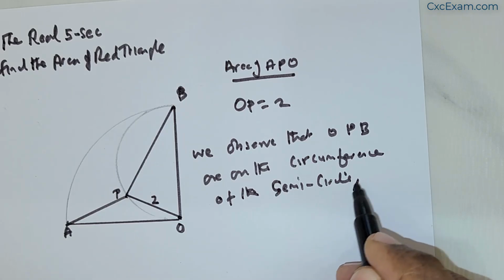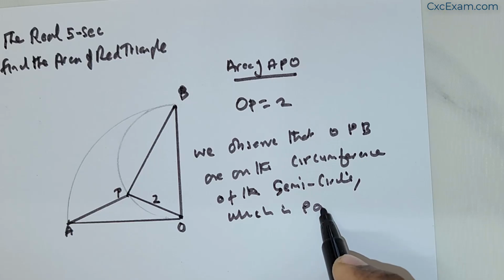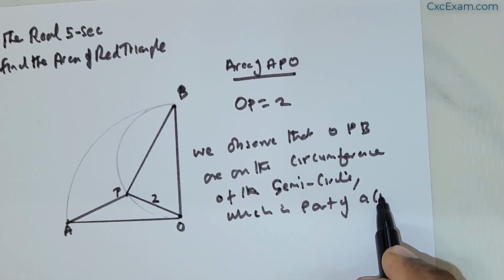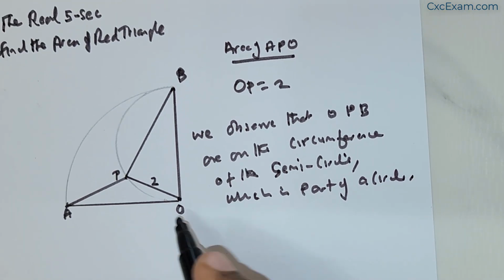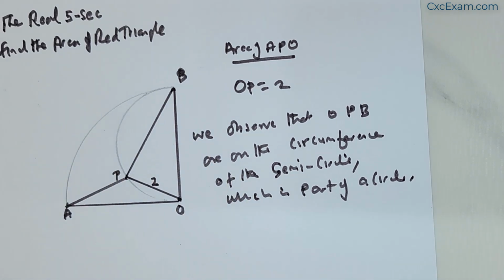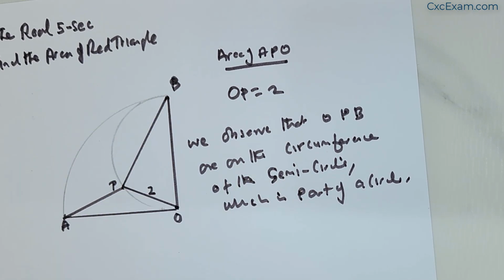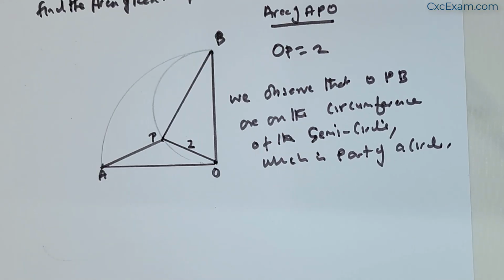Now, which is part of a circle. So O, P, B are all actually on the circle. Now if you were to go and complete this circle, O, P, B will be on the circle. So that is the contention here.